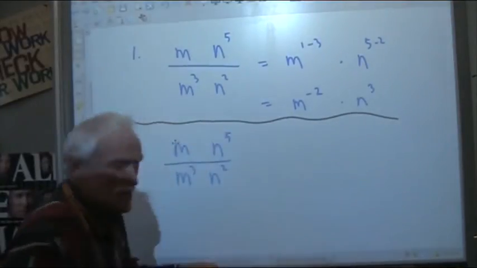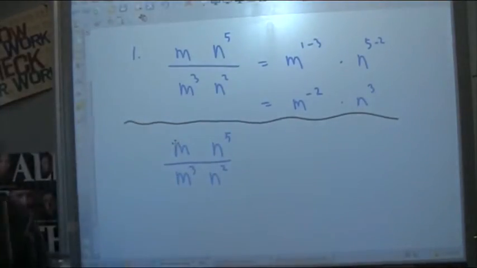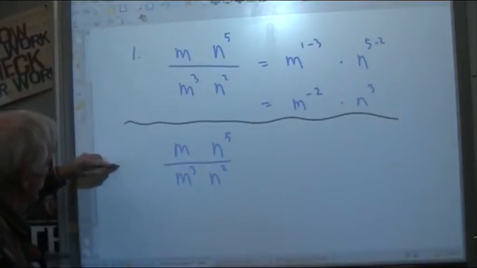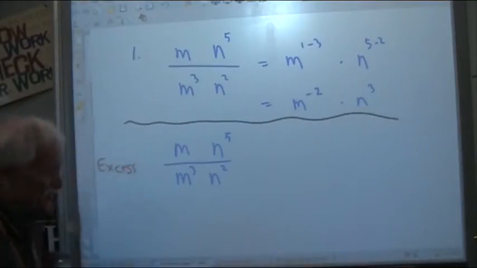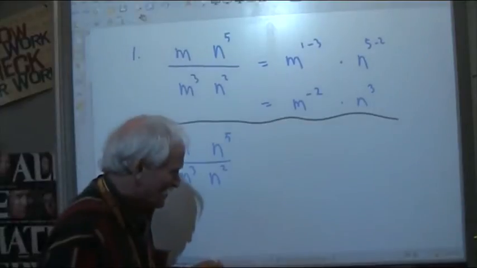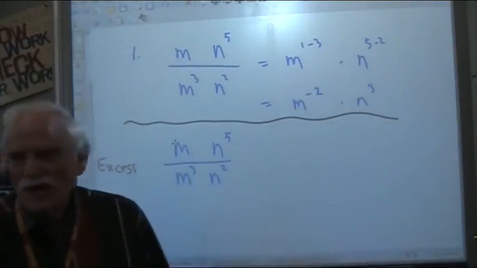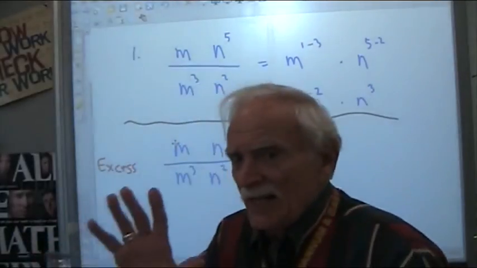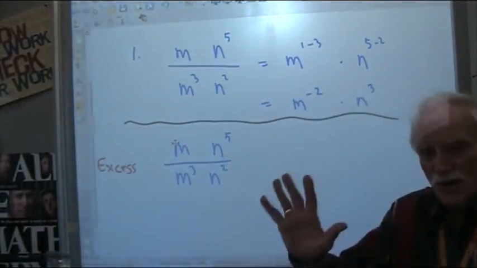The method that I have come up with to help you get to the exact answer every time is called the method of excess. What does excess mean? Excess means extra stuff somewhere. You need to get that straight. Now watch closely, listen closely, and this will be so easy for you.